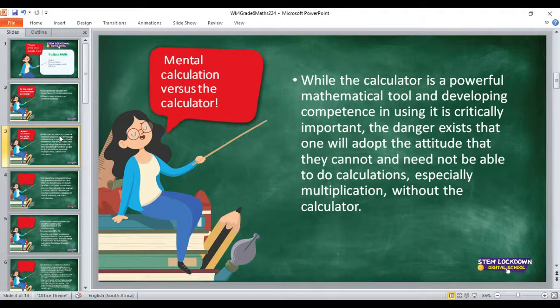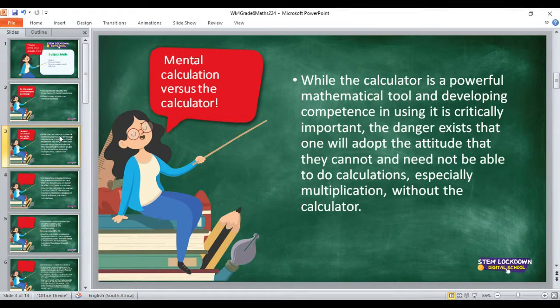Whilst the calculator is a powerful mathematical tool and developing competence in using it is critically important, the danger exists that one will adopt the attitude that they cannot and need not be able to do calculation, especially multiplication without the calculator.